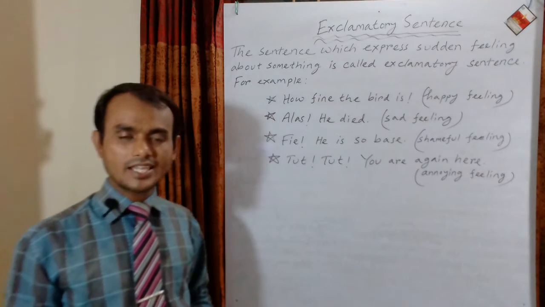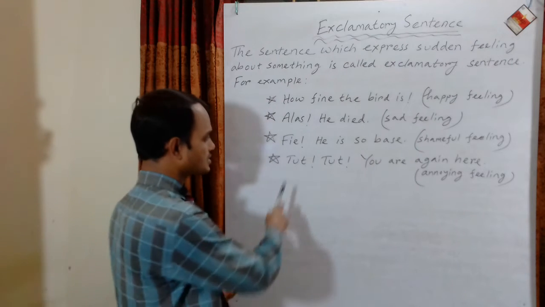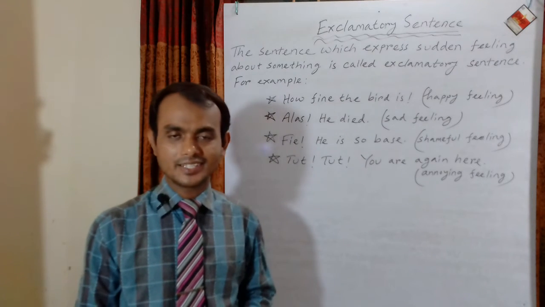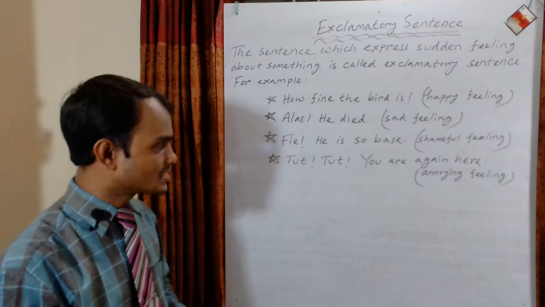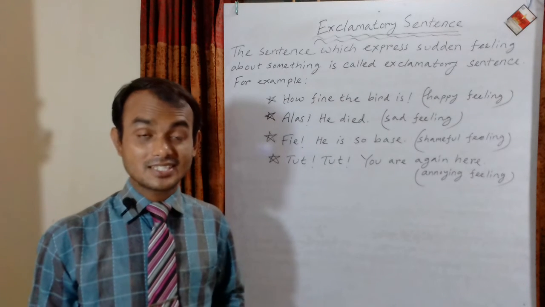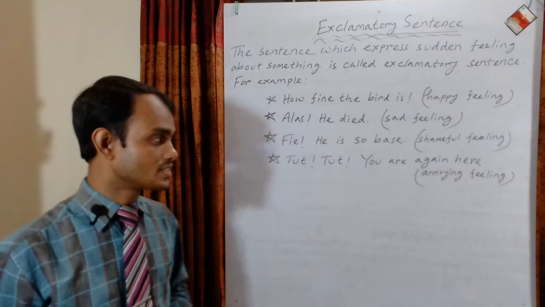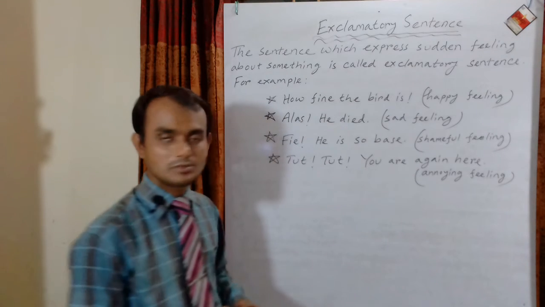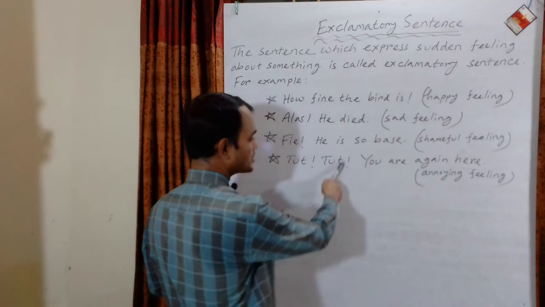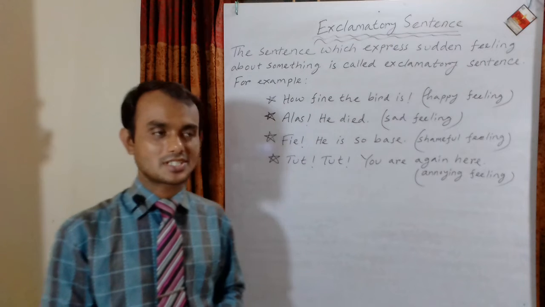Dear students, I have already written another sentence to give the example. Tut tut, you are again here. This sentence indicates an annoying feeling. It's a sudden feeling and it's an annoying feeling. So, this is an exclamatory sentence. Besides, you'll find the exclamatory mark here. So, it is also an exclamatory sentence.